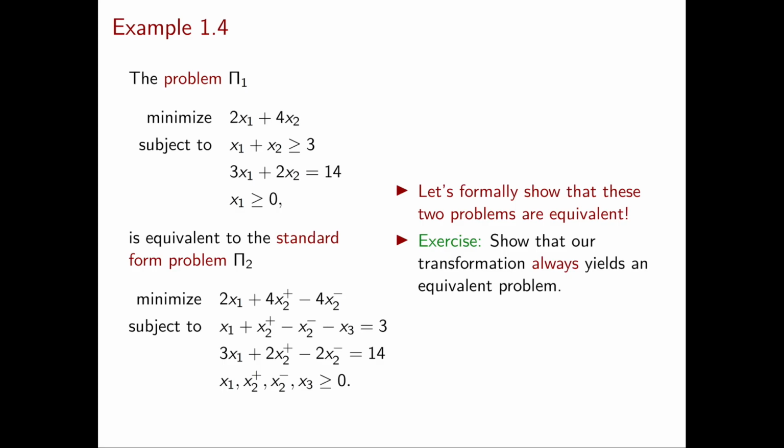Of course, this is a much more general statement than what we have just shown, because we have just shown it for a specific instance of a linear programming problem. On the other hand, you have to show it for any possible general form linear programming problem. However, the proof is really not so different. You have to just follow the same idea of what we've done, but using the more general setting of a general form linear programming problem.